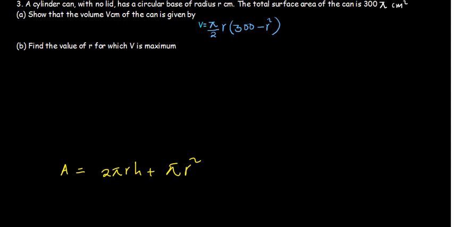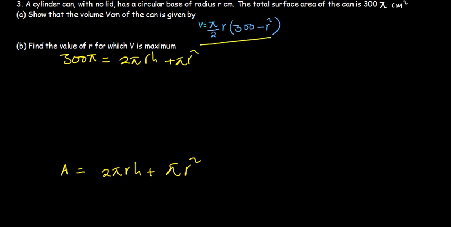Now we've already been told that the total surface area is 300 pi. So where there is total surface area, we're going to put 300 pi. So 300 pi is going to be equal to 2 pi r h plus pi r squared.